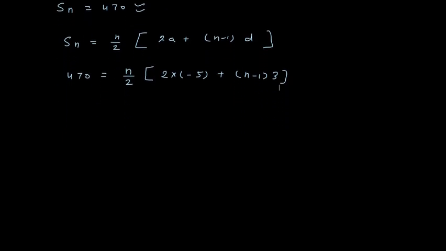Therefore 470 multiplied by 2 is equal to n multiplied by minus 10 plus 3n minus 3. So this is 3n square minus 13n, and here it is 940.